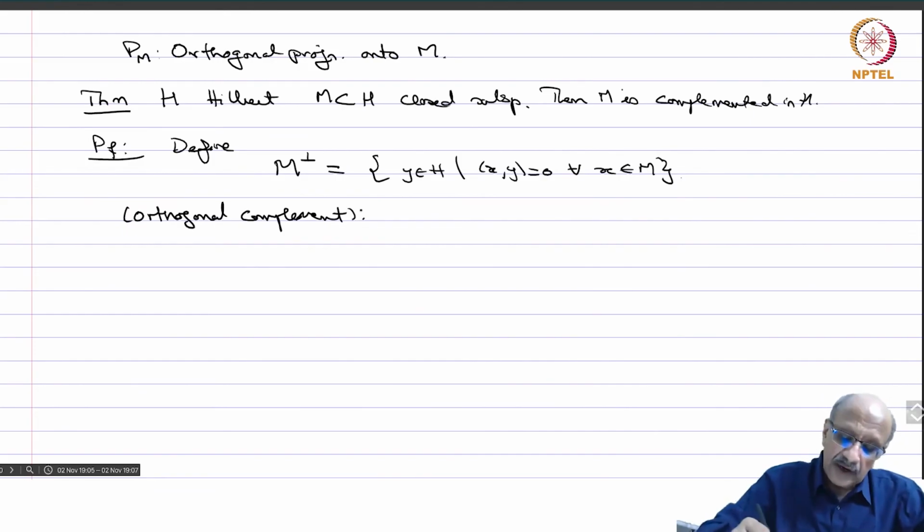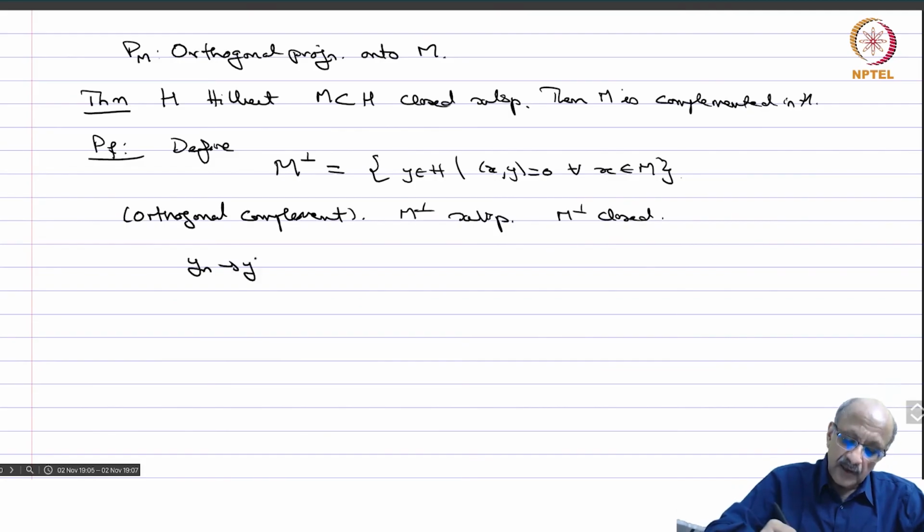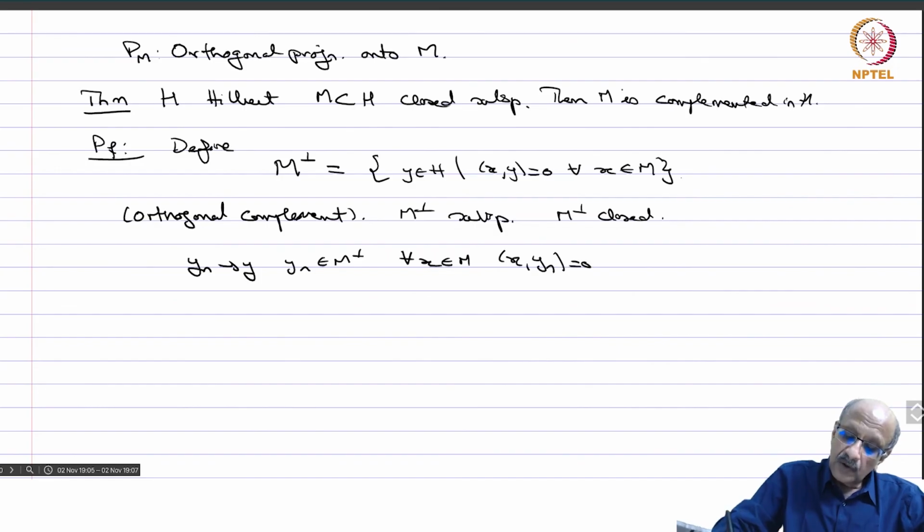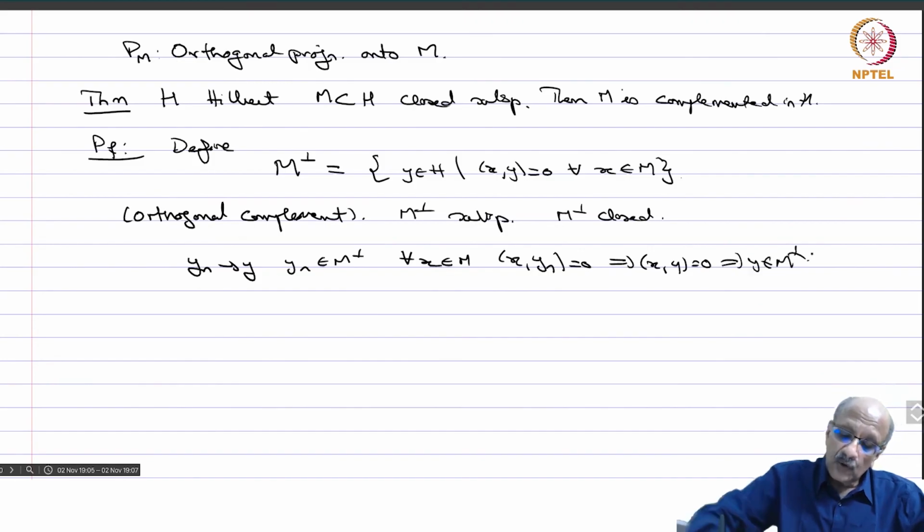So this is clearly a subspace because it is linear in y and therefore automatically M_perp is a subspace. It's also closed. So if y_n converges to y and y_n in M_perp, then for every x in M you have ⟨x, y_n⟩ equal to 0, and that implies that ⟨x, y⟩ is 0, which implies that y is in M_perp. So M_perp is a closed subspace.